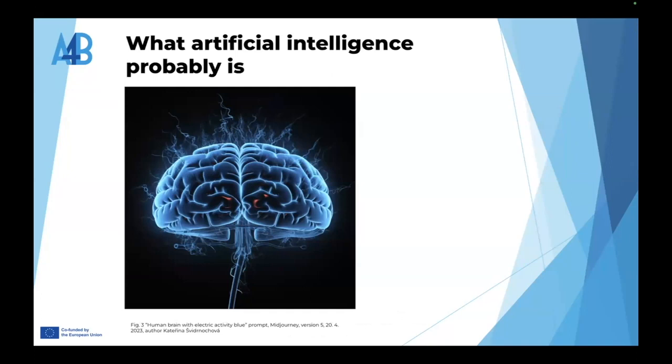During our workshop, I will use the shortcut for artificial intelligence because it's a really long phrase. So I will use AI. And raise your hand: who thinks that AI, artificial intelligence, is female? Raise a hand. You can do it here in Zoom.